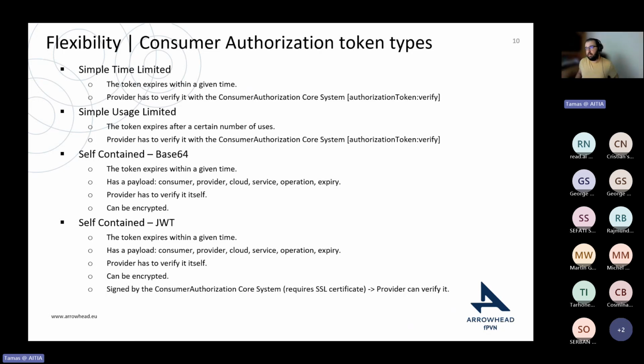These tokens expire within a given time, of course, and the provider has to verify it with the consumer authorization core system. So practically, the provider will receive only a string token.